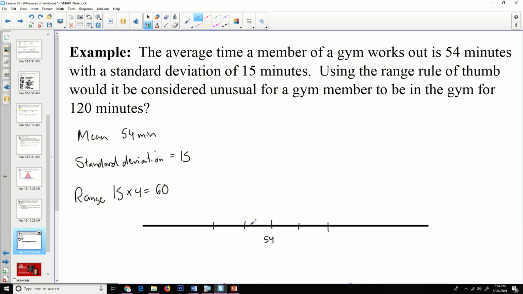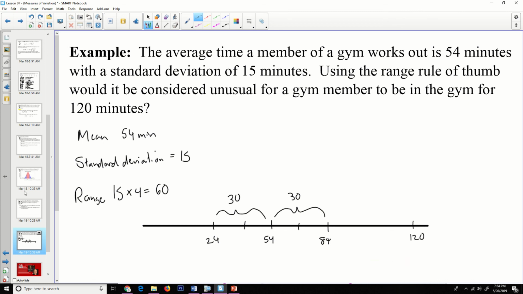And since it's 60, that means there's going to be 30 on the left of the mean and 30 on the right of the mean, giving me a total from here to 60. And again, this is just an approximation. But 30 less than 54 would be 24, and 30 more than 54 would be 84. And so we want to know if you're in the gym for 120 minutes, well, that's somewhere way over here.